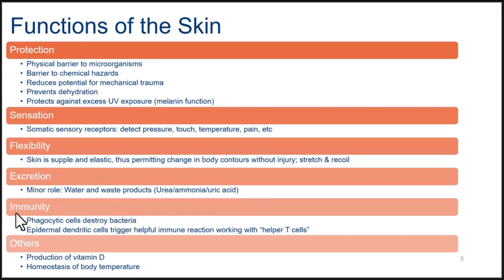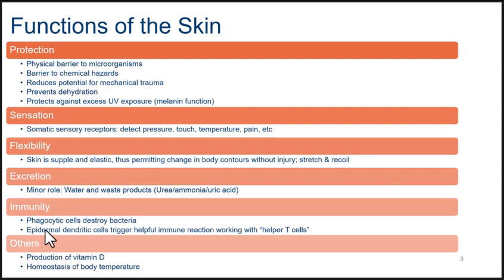In terms of immunity, our skin possesses defense cells, which are immune cells that contribute to our immune system. For example, we have these phagocytic cells that have the ability to engulf, a process called phagocytosis, and destroy bacteria.